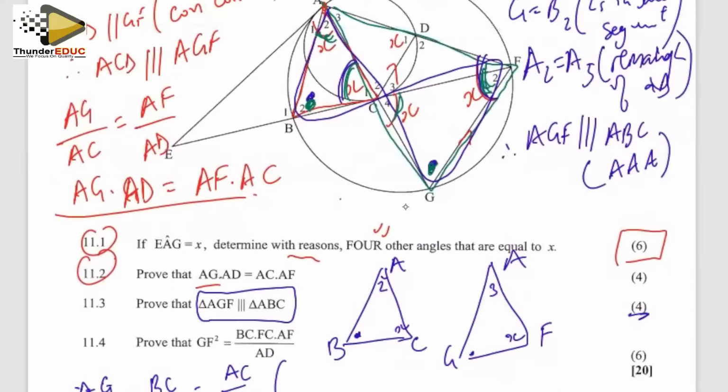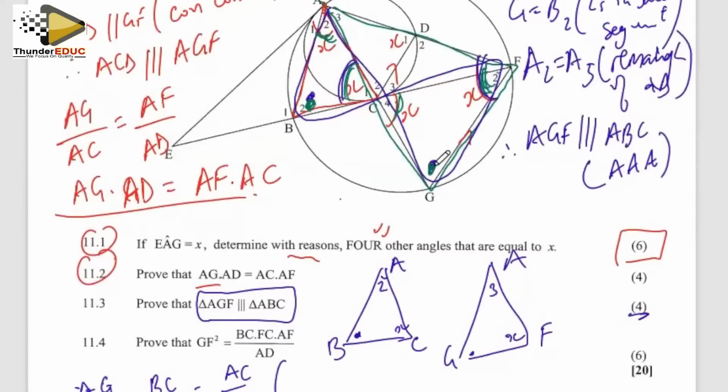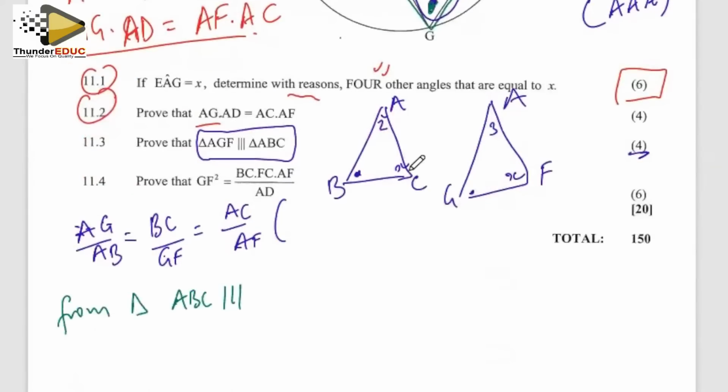So if I consider that, I'll have my AC. Where's the AC? This is AC over the FC. So from triangle ABC, which is similar to triangle FCG, I'm having AC over FC is equal to AB over FG.